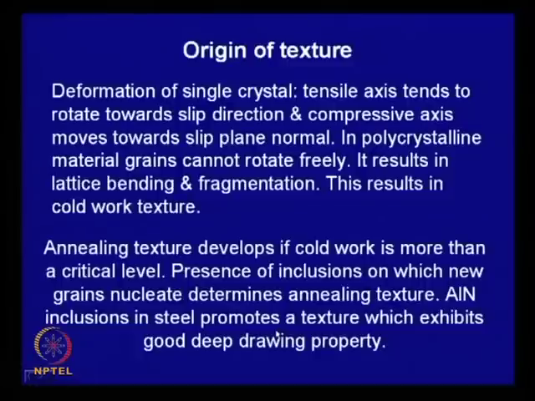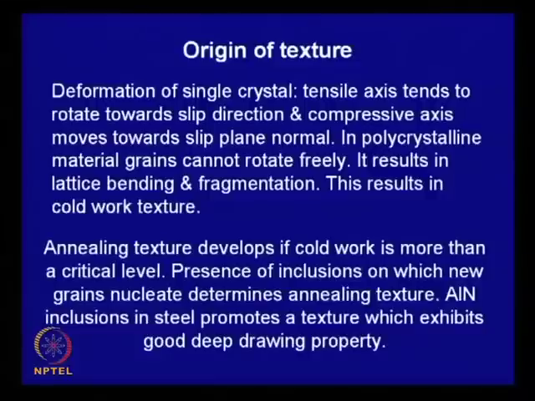If you are deep drawing, you want a preferred orientation, that means through thickness strength you want very high. So, you want such a texture so that the thickness does not reduce, but in the planar direction it should reduce very easily. That type of texture it is possible to develop by controlling cold work and annealing, and by the presence of certain inclusions like aluminum nitride in steel.